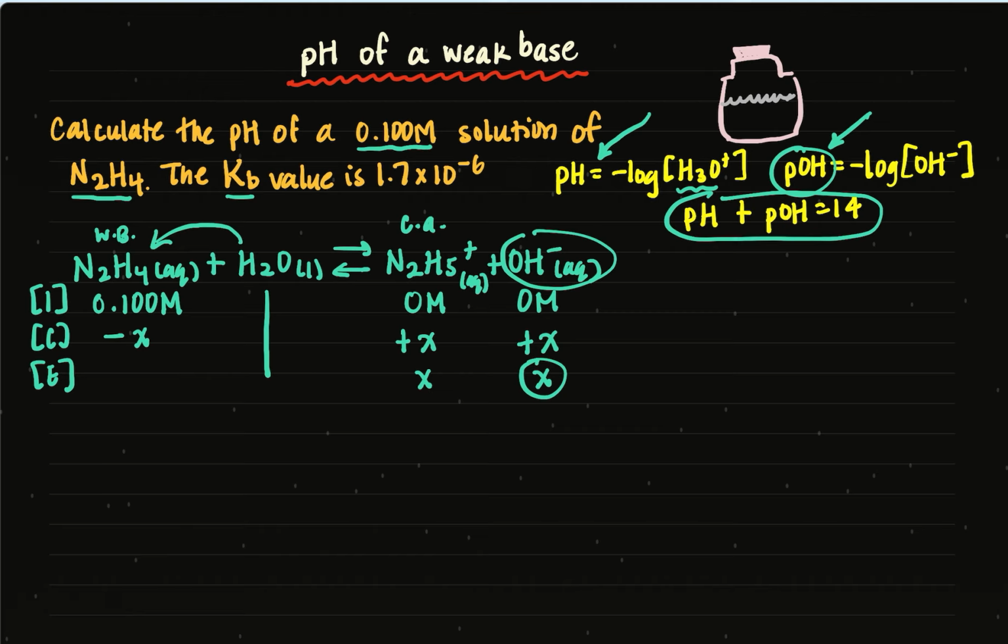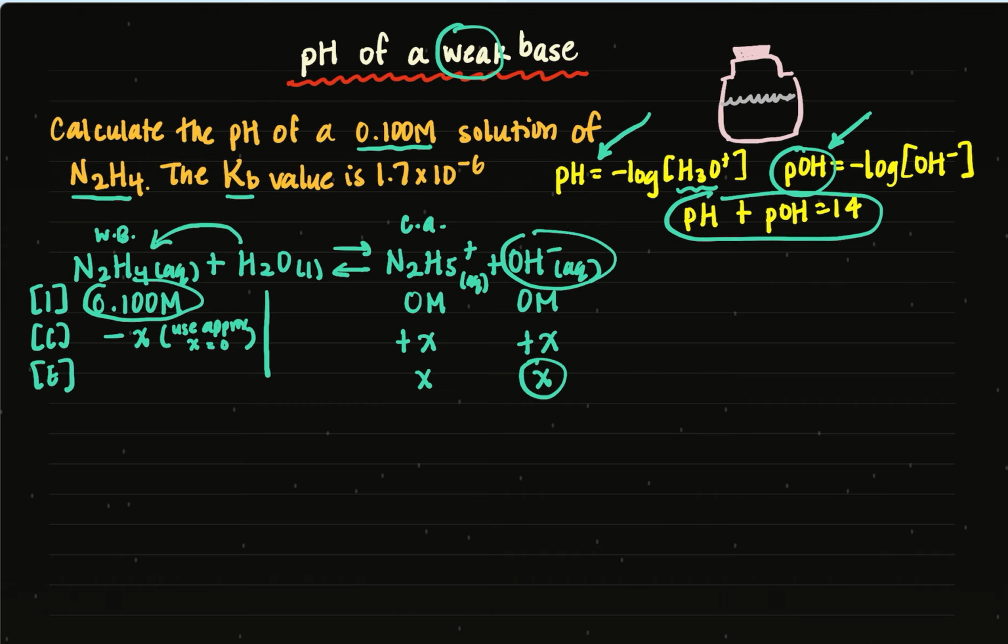Now for the reactant, I'm going to use a little bit of a math shortcut. That's called approximation. So we're going to say that x on the reactant side equals 0. Because that's a fair assumption when I'm dealing with weak acids and weak bases, because by definition, weak acids and bases, they dissociate very, very little. So that means this initial amount that I have, it barely breaks down.